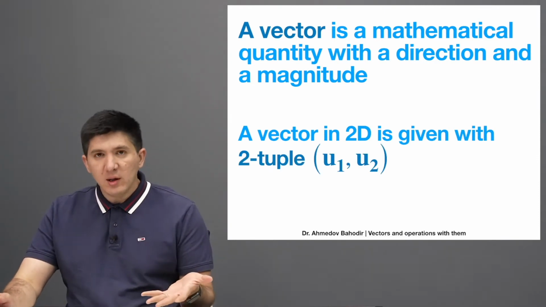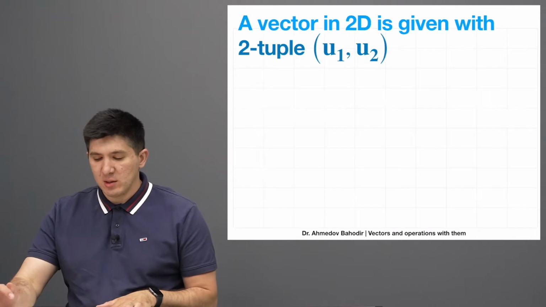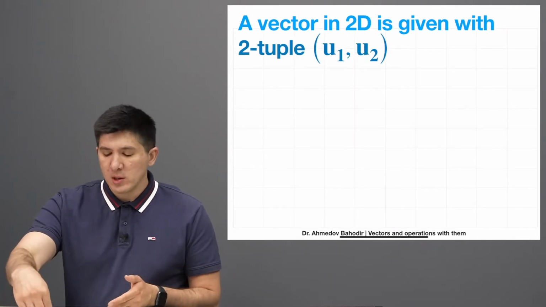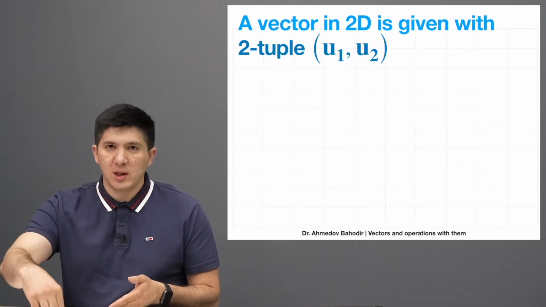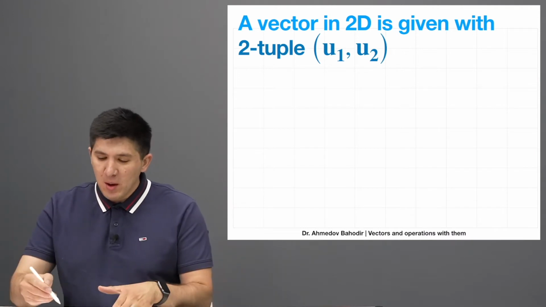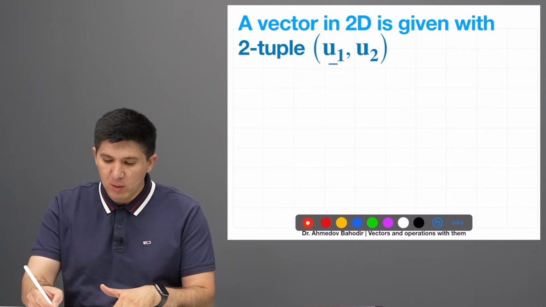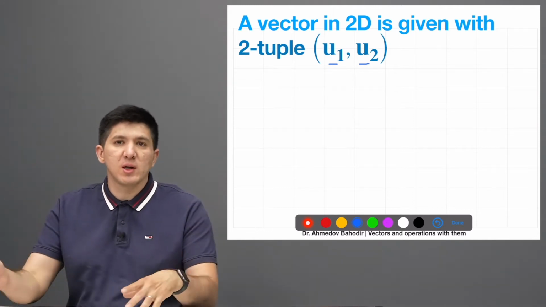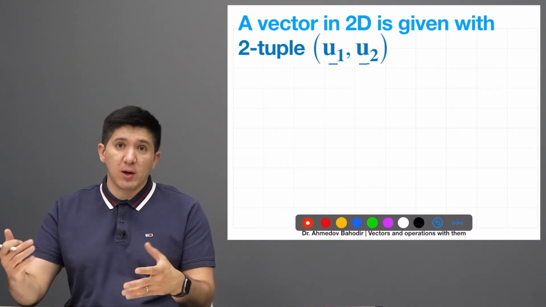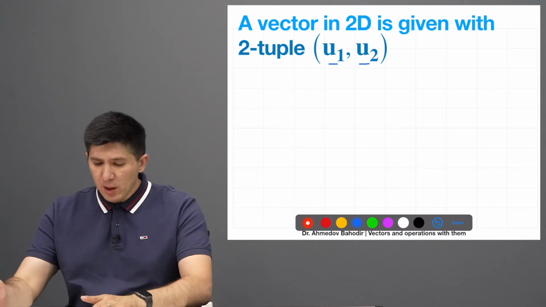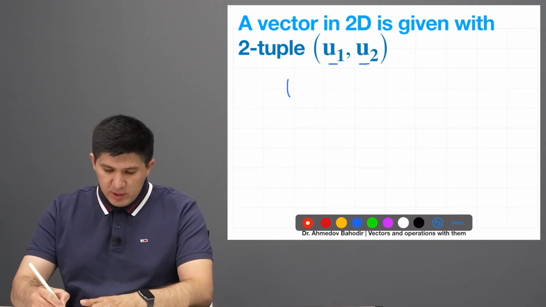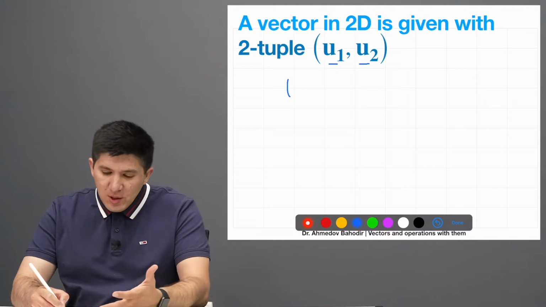Algebraically, the vectors are going to be given as so-called two-tuples. A two-tuple is two numbers written inside a bracket. So u1 and u2, written inside a bracket, is simply called a two-tuple. Not any two numbers inside a bracket is called a two-tuple.